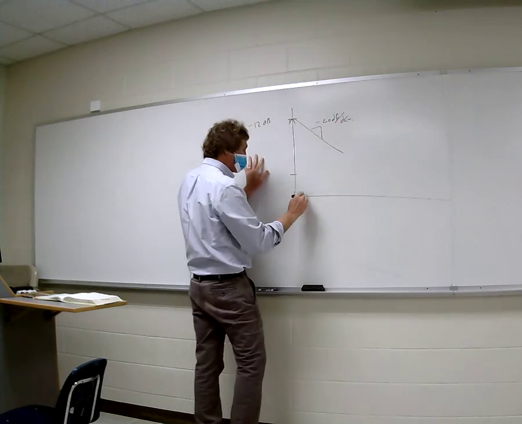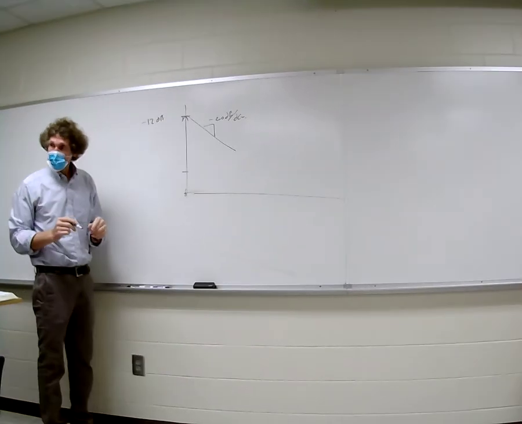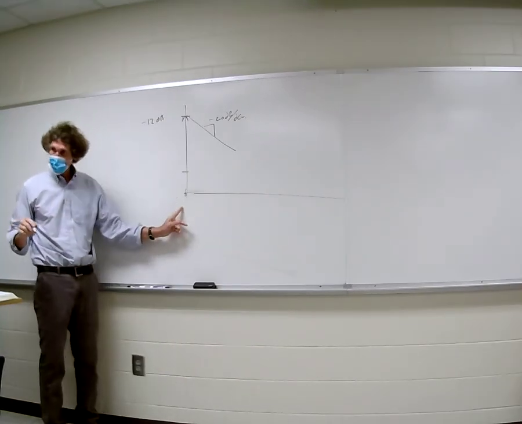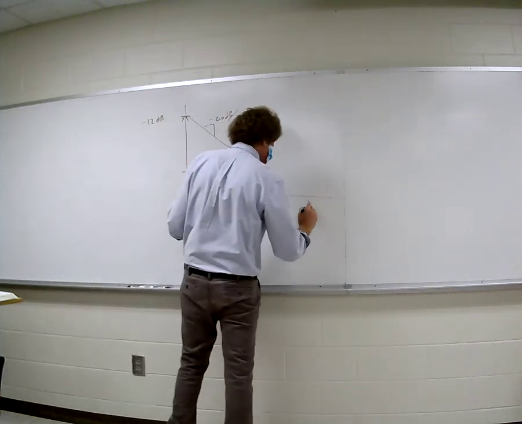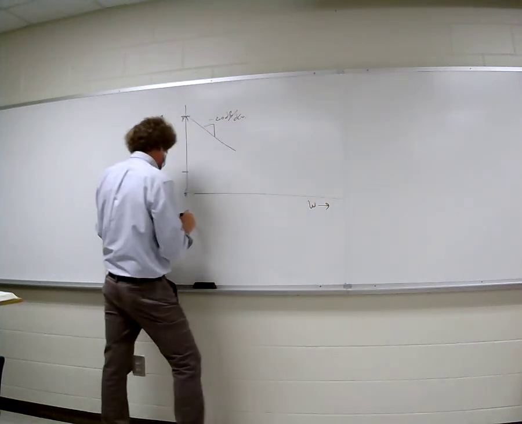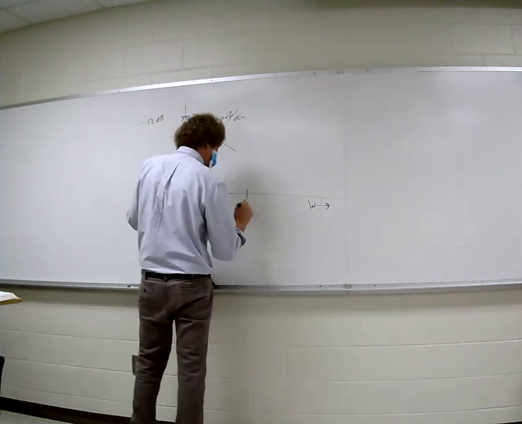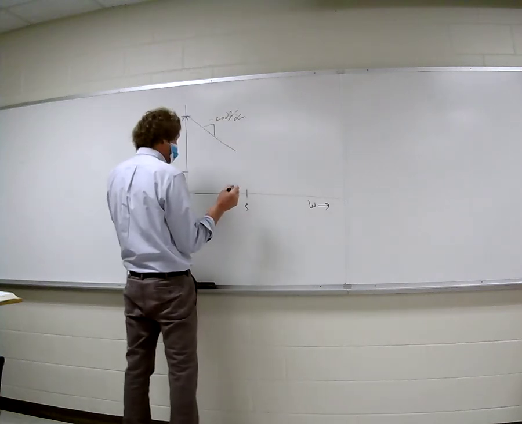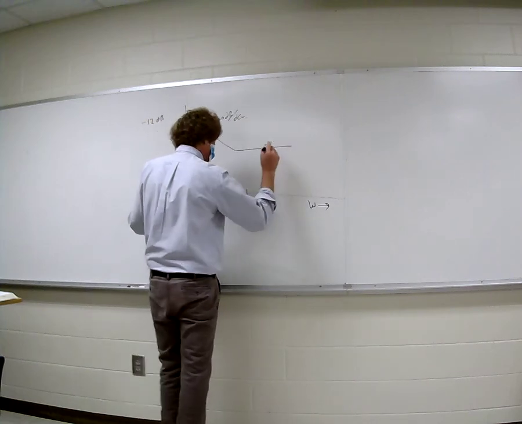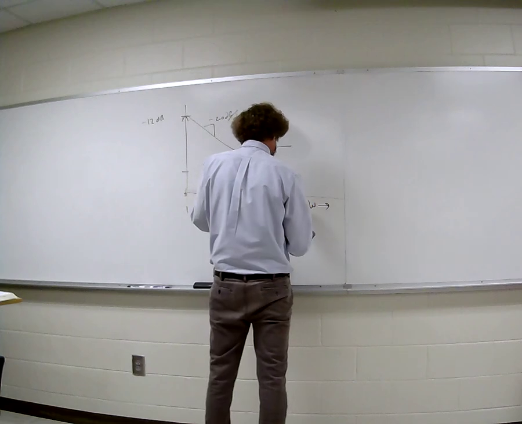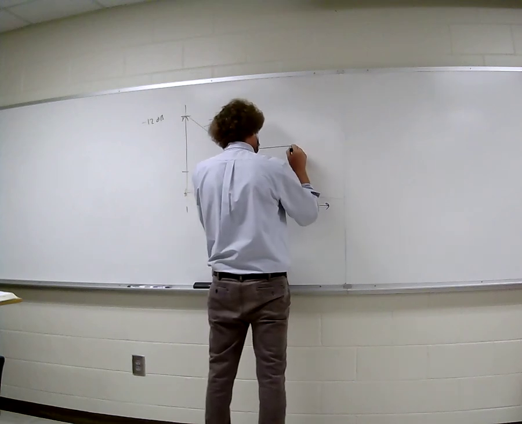This is omega, not f. So this is 1, and this is 3. And then it goes to 0 dB at omega equal to 10, and then it goes down at negative 20 dB per decade again.